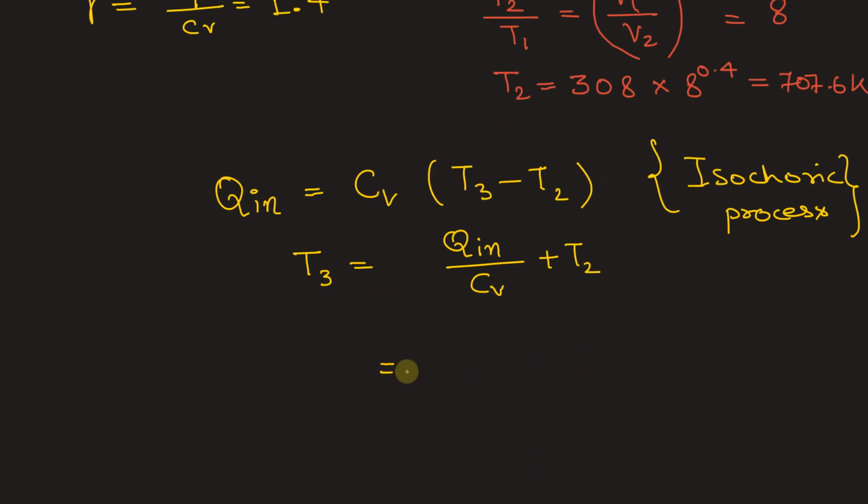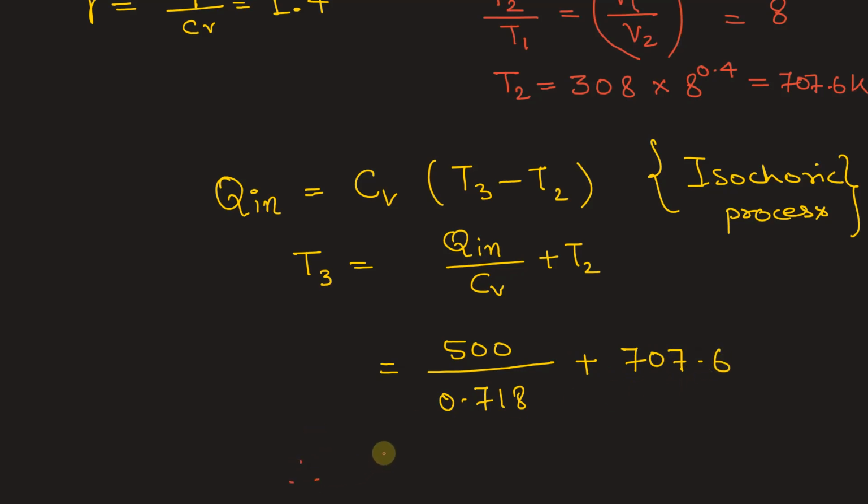So let's calculate the value here. Q in is 500 kilojoule per kilogram divided by Cv, which in the problem is 0.718 kilojoule per kilogram Kelvin. So this unit will become Kelvin, plus T2, 707.6 Kelvin.